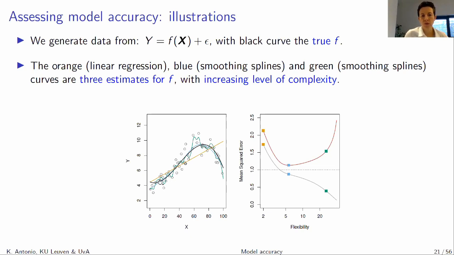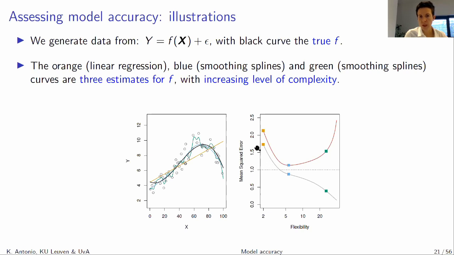Now, if I evaluate these three models on the training data, and the training data are the dots that you see in the picture here, if I evaluate my mean squared error with the three models on the simulated training data, I'll get their performance like this, right?